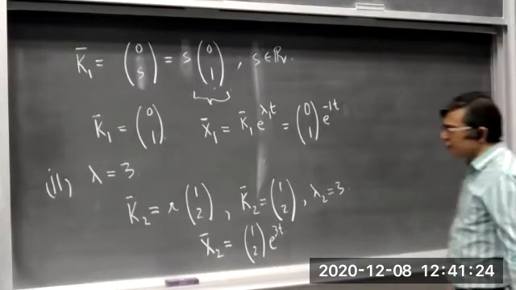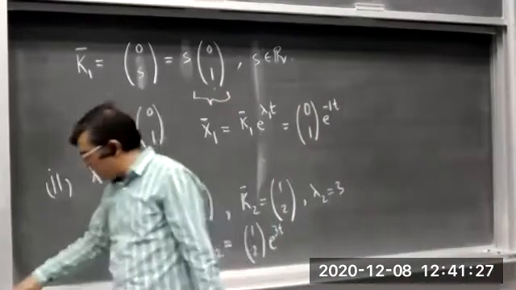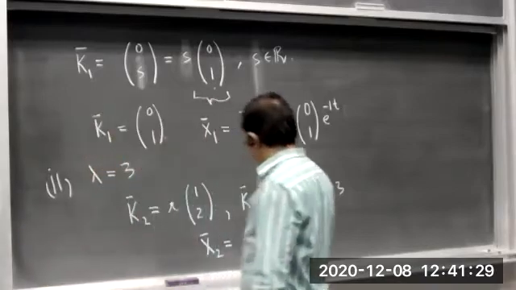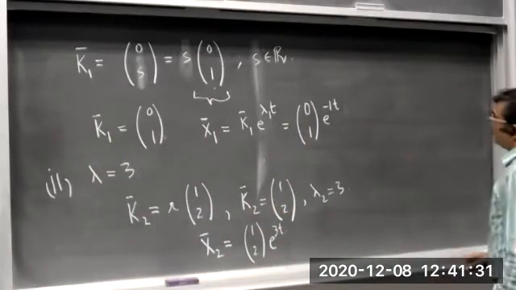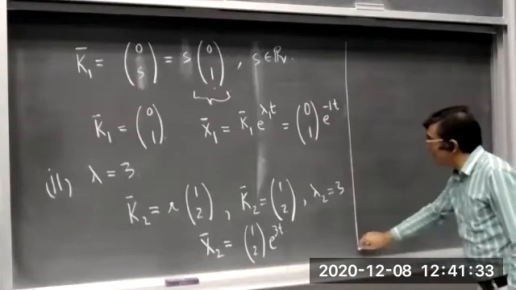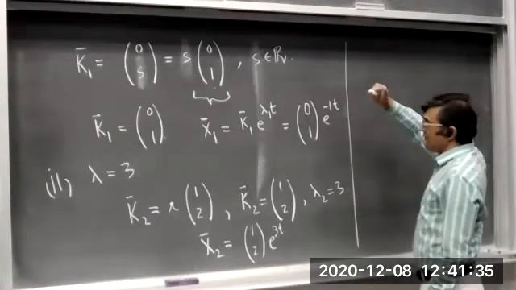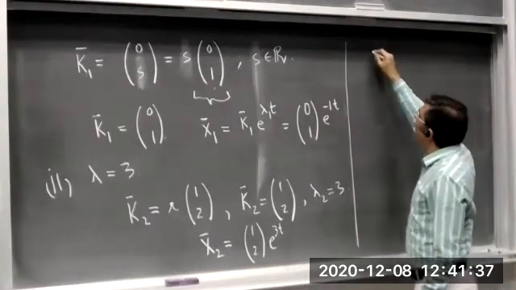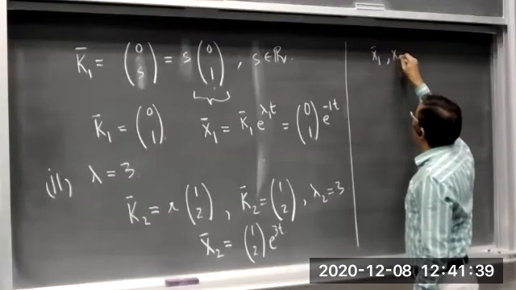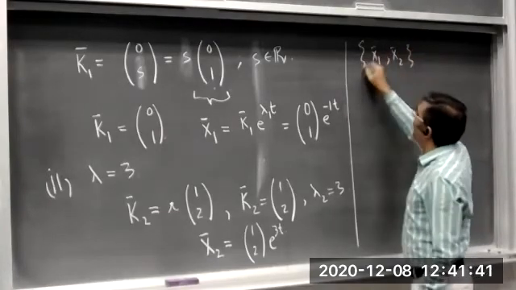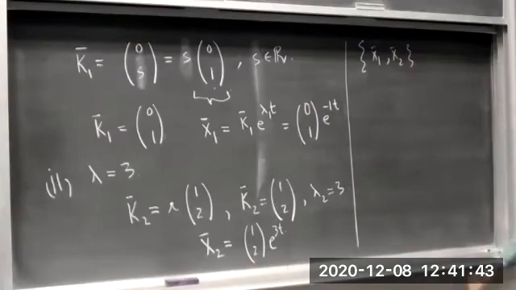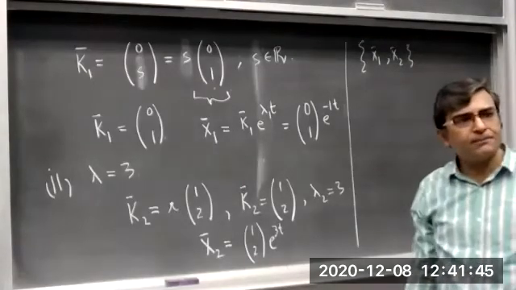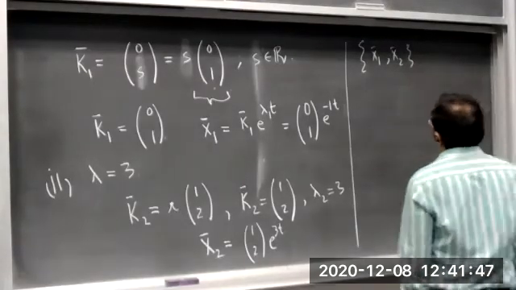Now, corresponding to two eigenvalues, we obtain two eigenvectors. So we have two solutions now. For the two solutions, x1 and x2, we are going to check whether they form a fundamental set of solutions or not.